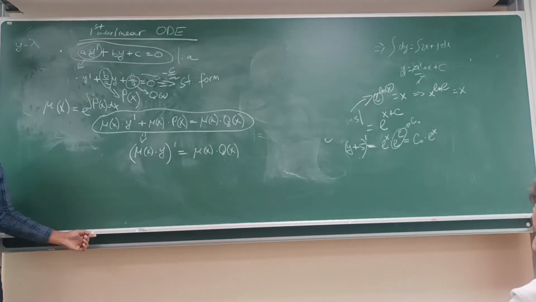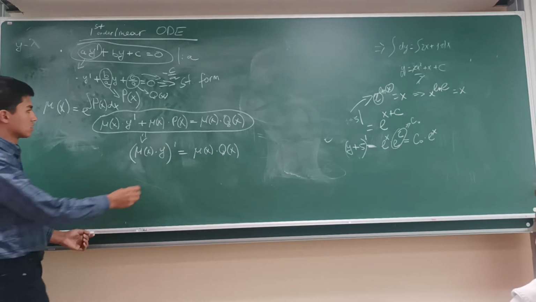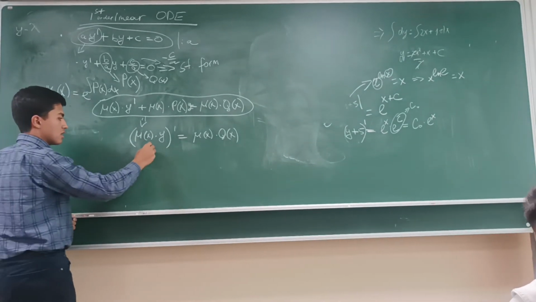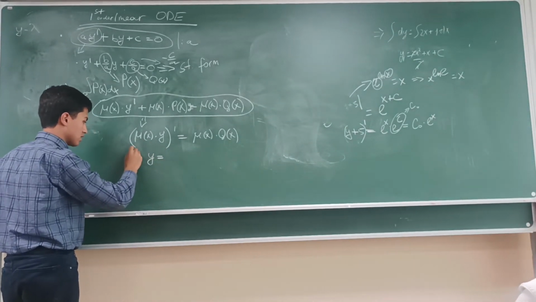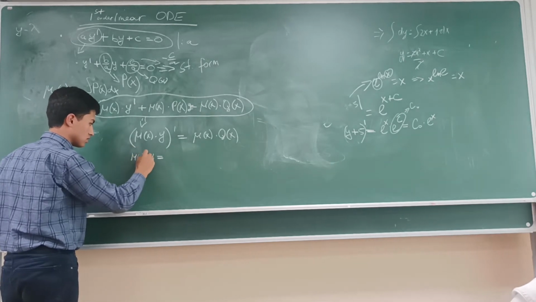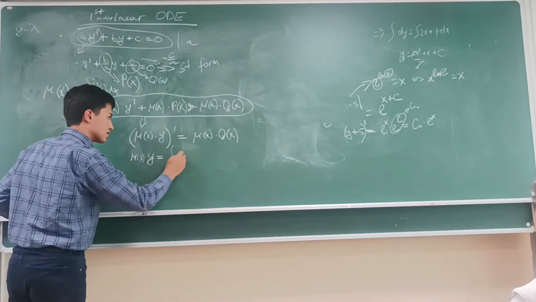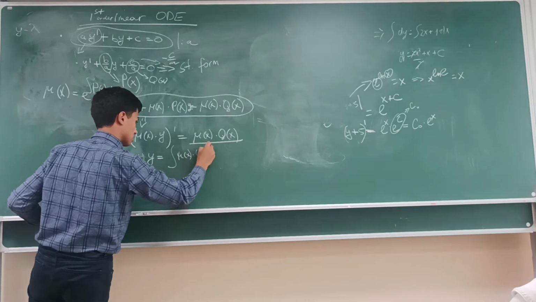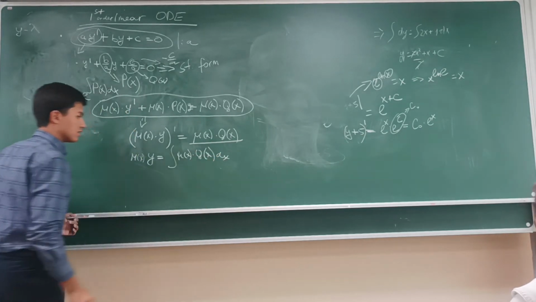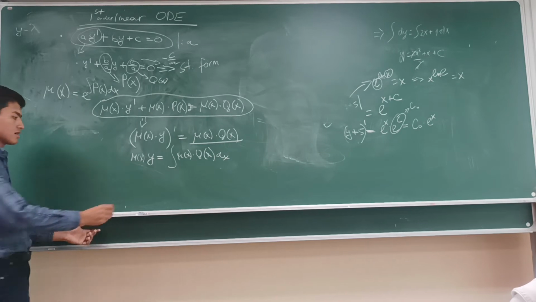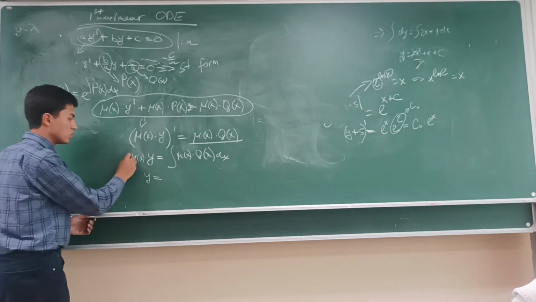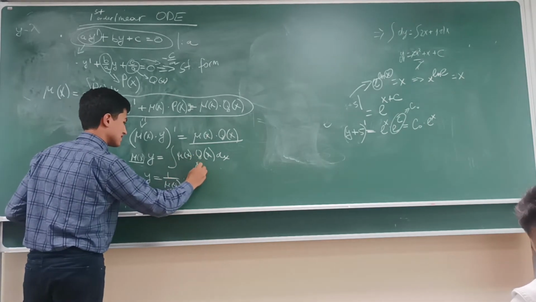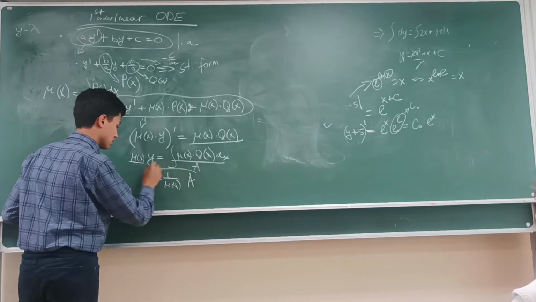You missed the y after p of x in this form. So that means your y equals the integral of this side, dx. And who can tell me the value of y? 1 over mu of x. You move this to the right side: 1 over mu of x multiplied by, let's say this is a, right, by a.